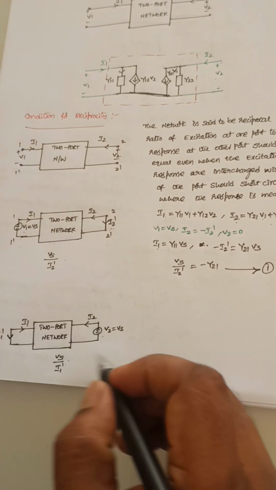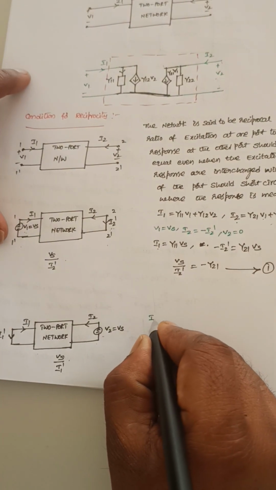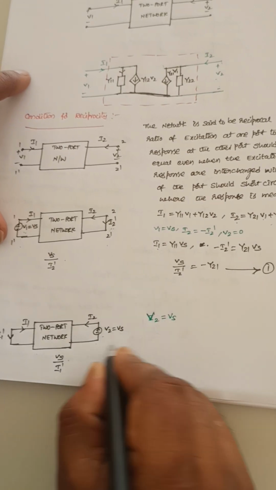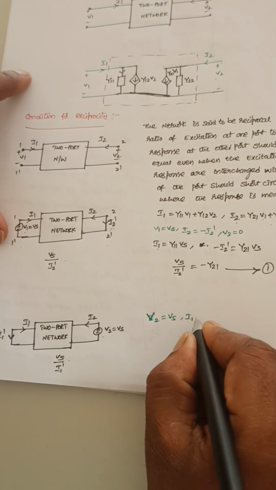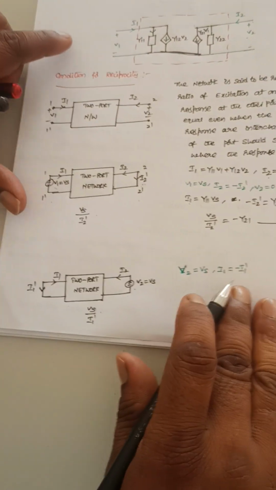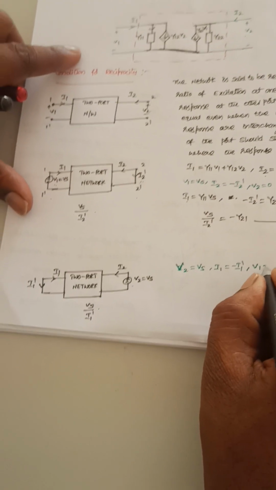The conditions are V2 is equal to Vs, I1 is equal to minus I1 dash, and V1 is equal to 0.